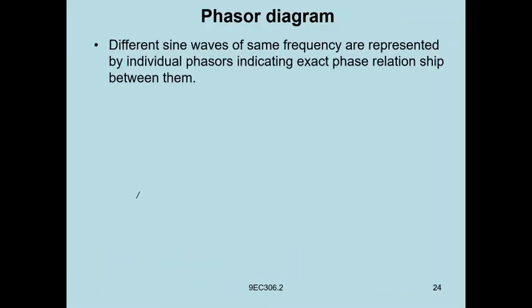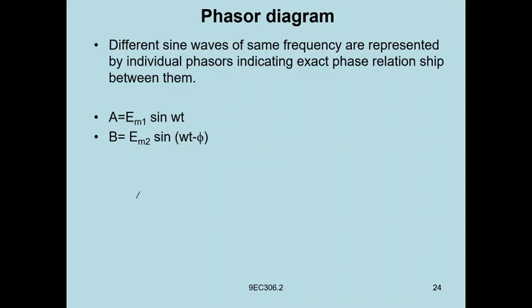So the phasor diagram. Different sine waves of the same frequency are represented by individual phasors indicating the exact phase relationship between them. A is equal to Em1 sin omega t, B is equal to Em2 sin (omega t minus 5).